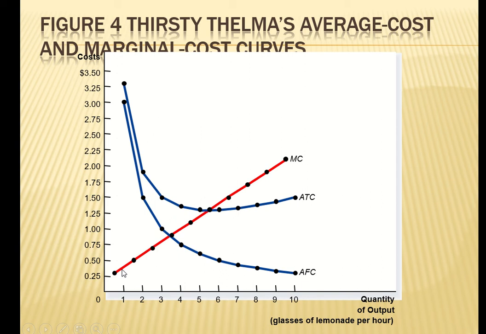As you can see, when the marginal cost is below the average total cost, the average total cost comes down, decreases with the output. As the marginal cost is higher than the average total cost, the average total cost increases.